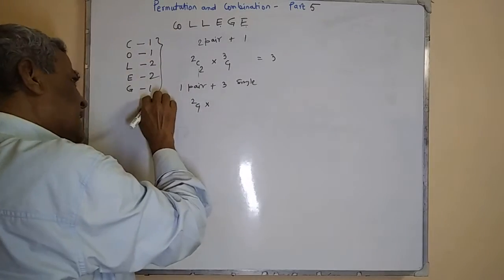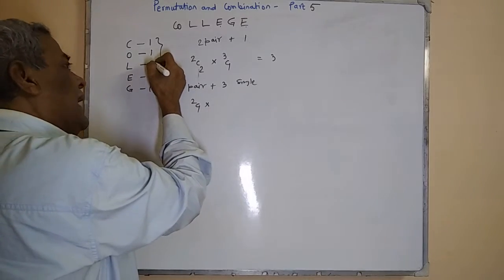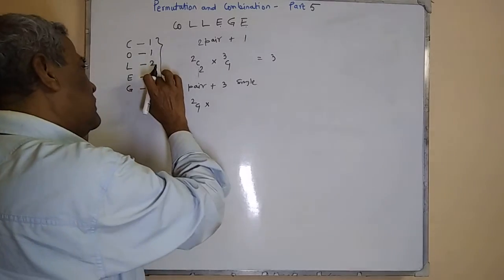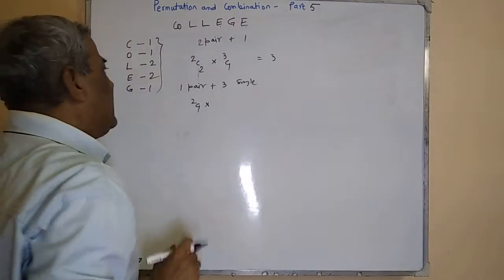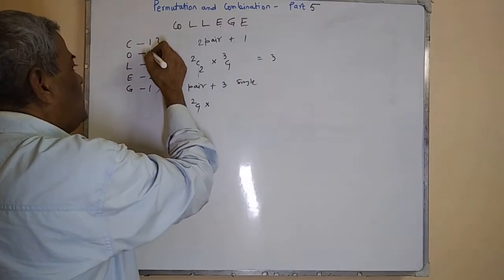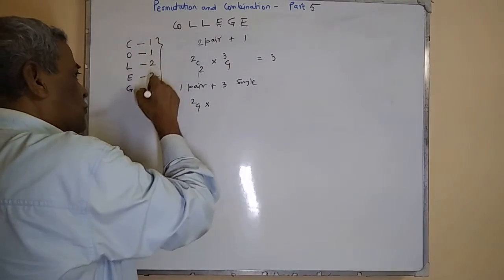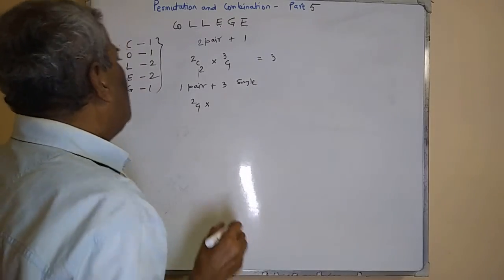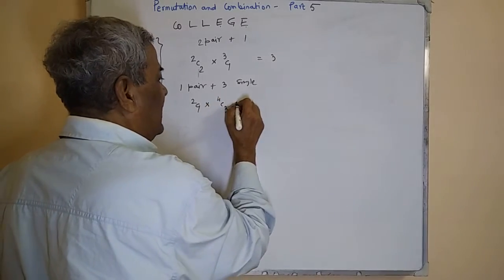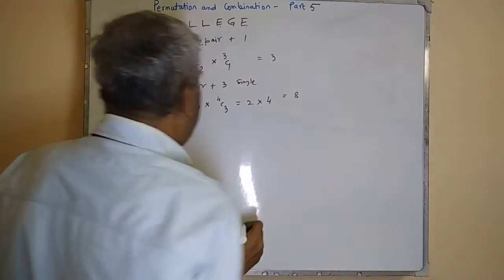After taking one pair, say the 2 L's, the E's are still there, so from the 4 remaining distinct letters we can collect 3 single letters: 4C3 is 4. So it is 2 into 4, equal to 8.